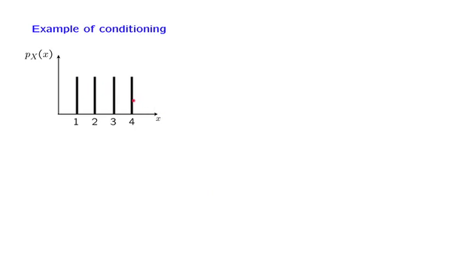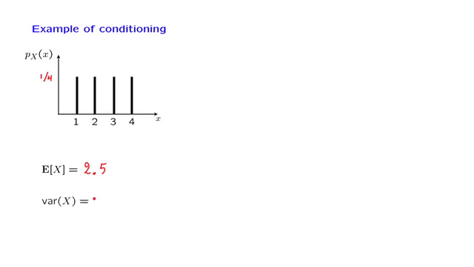Consider a random variable, which in this case is uniform, takes values from 1 up to 4, so each one of the possible values has probability 1 over 4. For this random variable, we can calculate the expected value, which by symmetry is going to be the midpoint, so it is equal to 2.5.